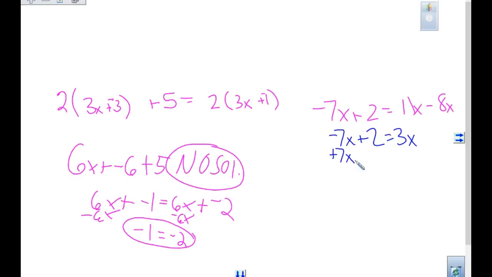Now, I will tell you that tomorrow on your test, there are 14 questions, okay? 14 on Wednesday, on your test Wednesday. When you take that test, the 14 questions, you will get fractions and decimals, and you'll get no solution, and you'll get all real number solutions. And you will just want to make sure that you're doing it right.